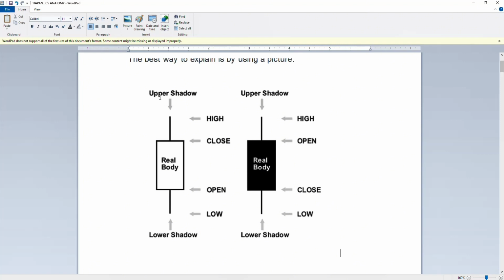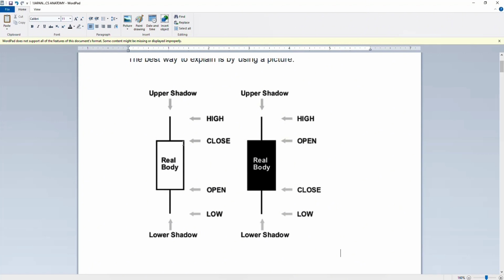So a candle has a body, a low called the lower shadow, an open where the price opens, a high called the upper shadow, and a close. If it is a buy day, the closing price should be above the opening price. I hope it is understood.